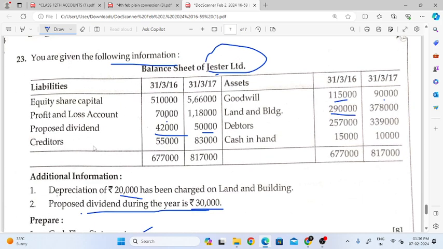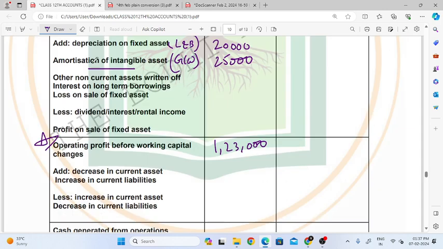In the creditors, is it increasing or decreasing? It is increasing, so increase in current liability, you add creditors. Creditors increased by 28,000.